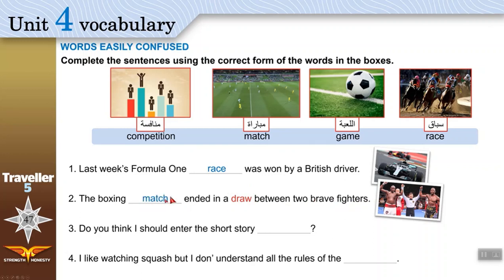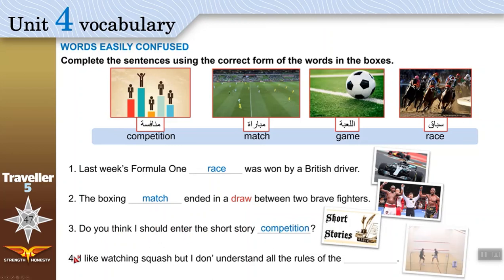It was a match between 2 brave boxers or fighters. Do you think I should enter the short story competition to see who can come out with the best short story? I like watching squash, but I don't understand all the rules of the game. Squash is similar to tennis.